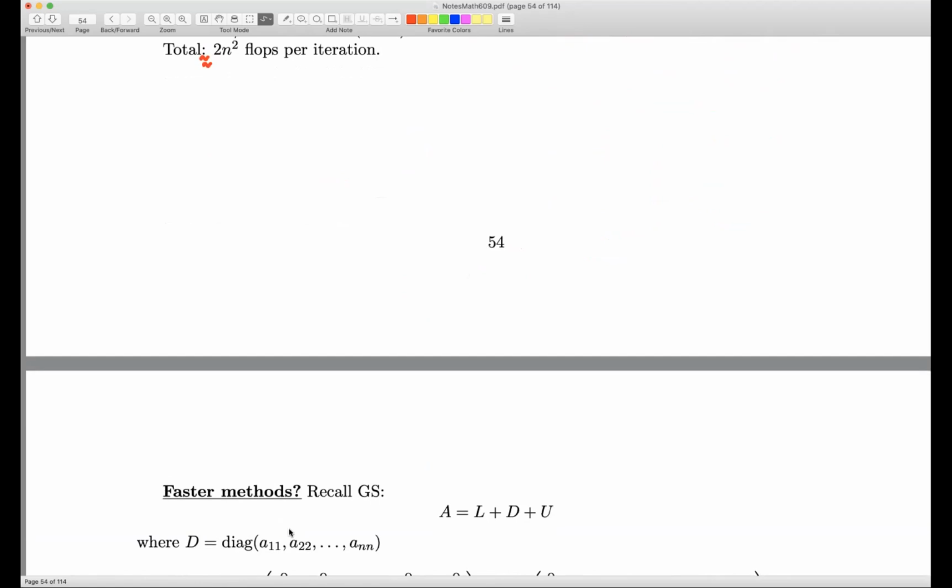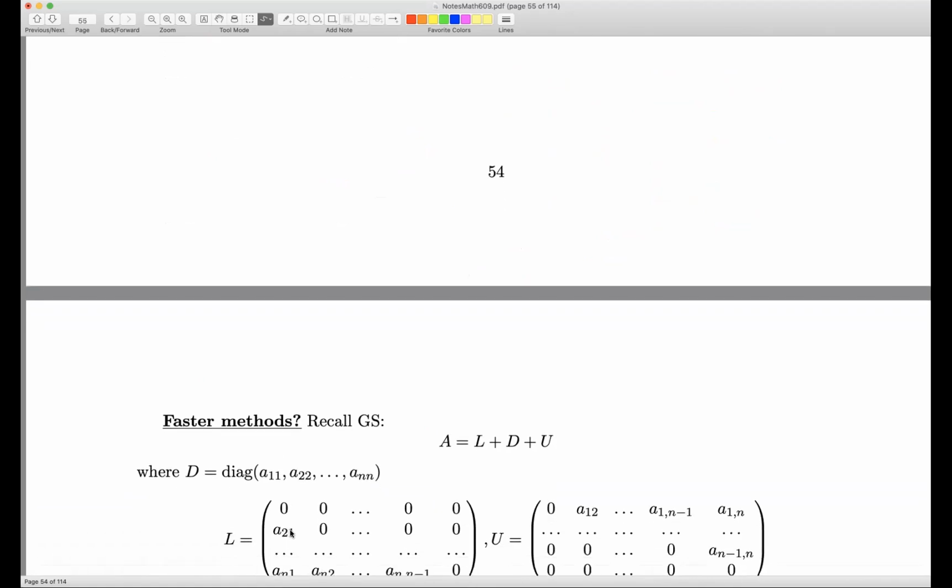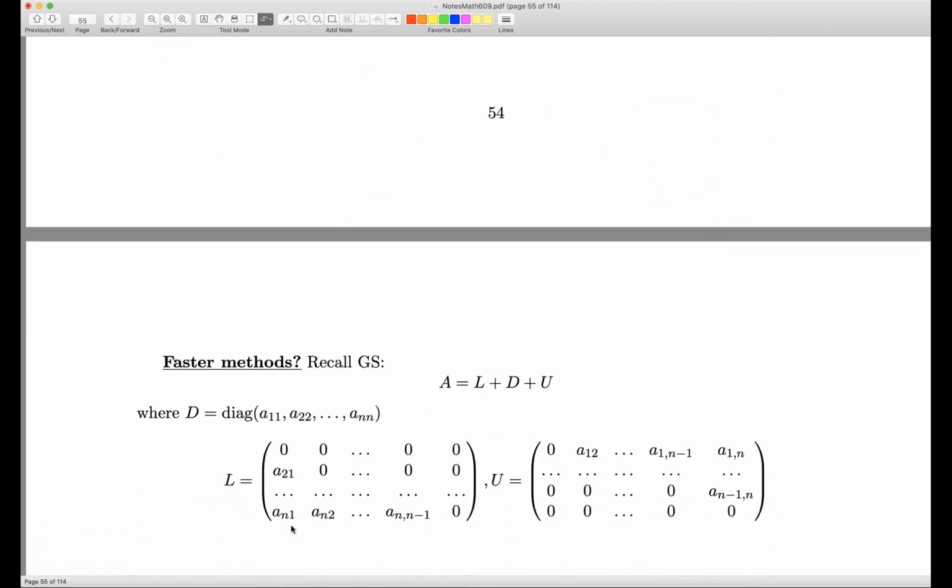Now, these are the two methods so far, Jacobi and Gauss-Seidel, and the question is, can one design an algorithm which makes the computation faster, in the sense that for a smaller value of k, so after fewer computations, x_k will get closer to x?